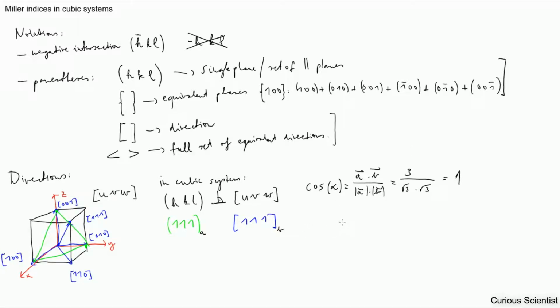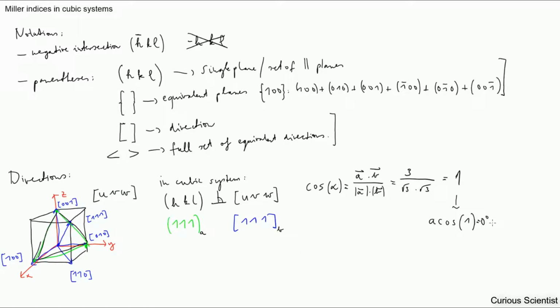So if we do the inverse cosine of this, this will be 0 degrees, which means that the normal of the plane, so the normal of this triangle, the 1 1 1 plane, is parallel to the 1 1 1 direction. Of course it's parallel because the normal of the plane is itself this direction.